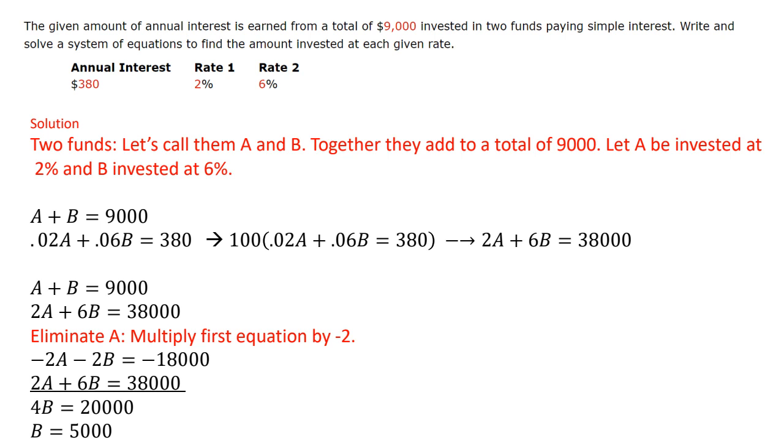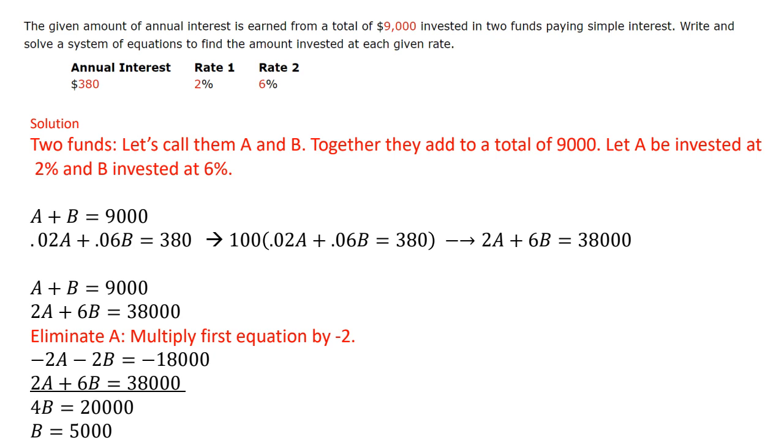I'm going to add this equation to equation 2, which is 2a plus 6b is equal to 38,000. So let's do this. -2a plus 2a got eliminated, 0. Minus 2b plus 6b is 4b, and -18,000 plus 38,000 is 20,000.